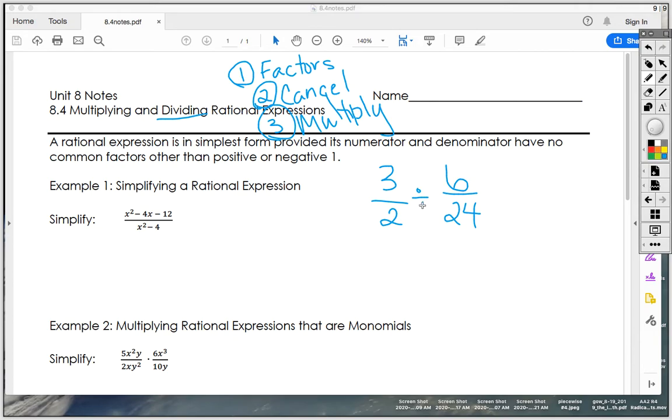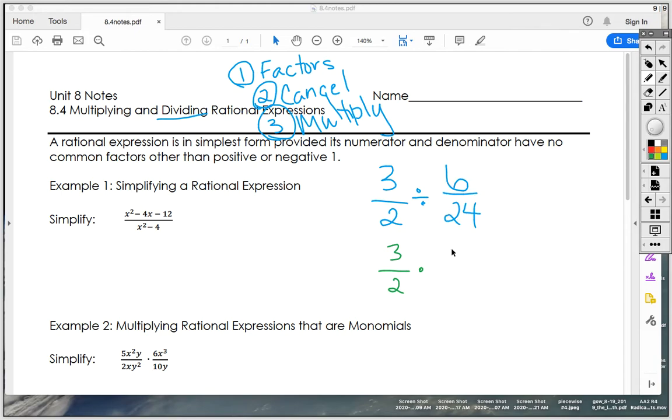So many of you were told a long time ago in 5th grade, 6th grade, keep, change, flip. Okay. I like to say multiply by the reciprocal. Either way works. So the first number will stay the same. We are going to change our division to multiplication, and we are going to flip this over.